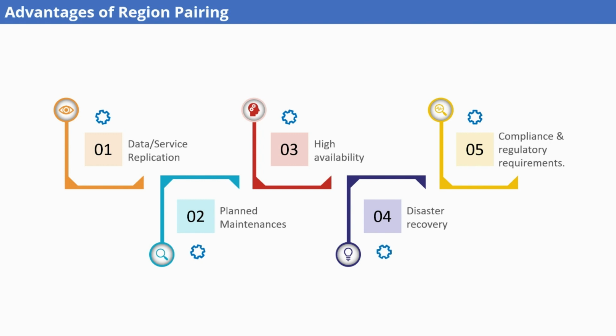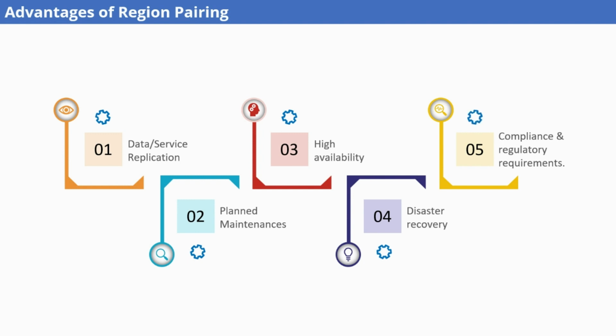Next comes disaster recovery. Region pairs can be used to implement disaster recovery plans that help protect against regional disasters such as natural disasters or power outages. The last one is related to compliance and regulatory requirements.